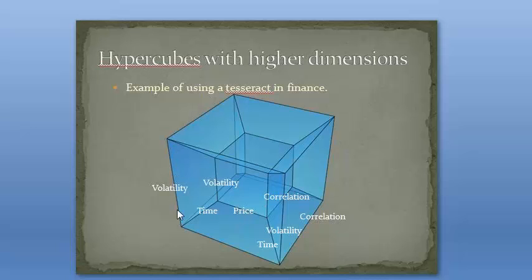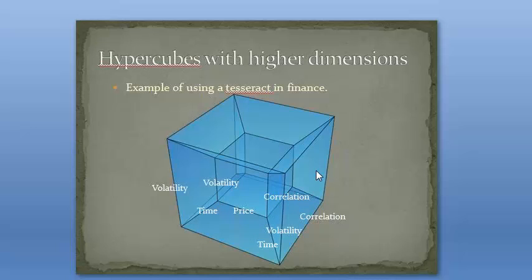So this front trapezoidal cube, right? It goes from here to here. It has volatility, price, and time, not correlation.